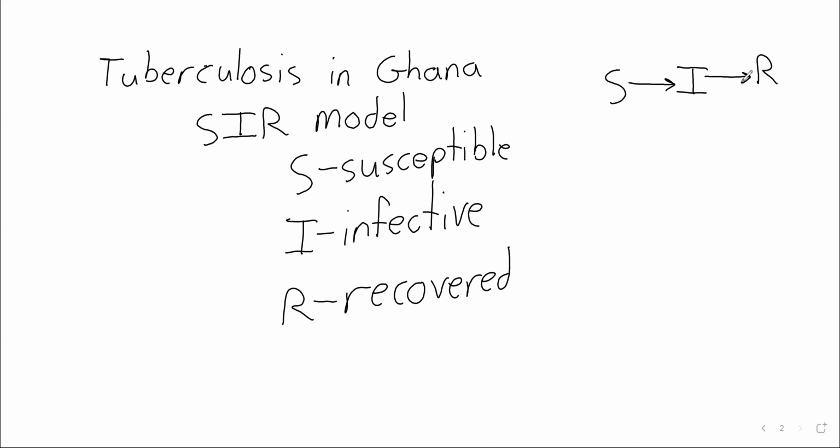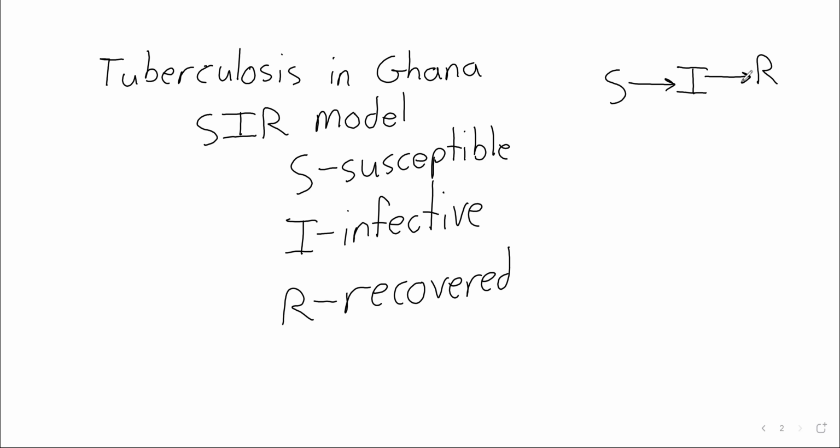And there are a bunch of things you could do to modify this model to fit the parameters of a particular disease. So perhaps you have a disease that is sometimes fatal and does not provide immunity upon recovery.